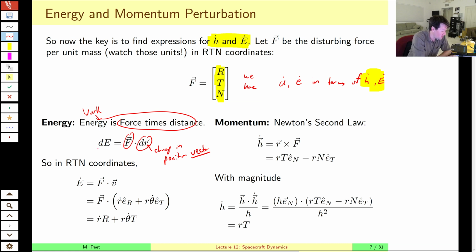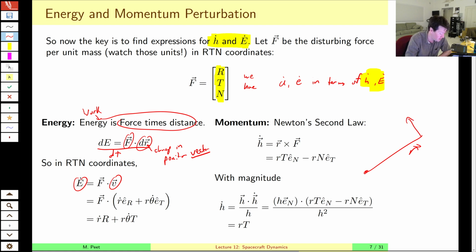First of all, let's divide the whole thing by dt. We get E dot on the left, and dr over dt becomes velocity, so that makes life simpler. And then if you remember back to, I don't know, lecture 5 or something like that, where we drew this triangle. Here's the satellite. This is r, and this is the radial direction.